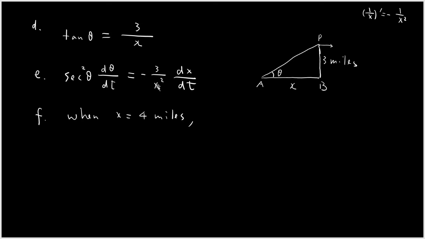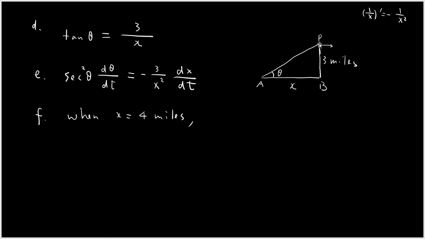Now all we need is to figure out secant squared of theta, which means secant of theta the whole thing squared, when the x value is 4 miles. At that moment, what is the value of secant of theta squared? When the x value is 4 miles, we can use the right triangle to figure out the hypotenuse.